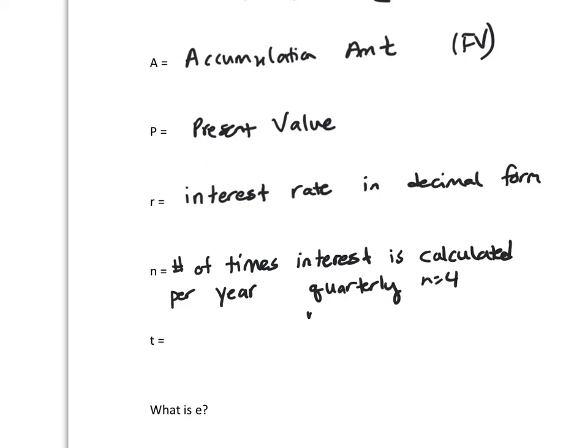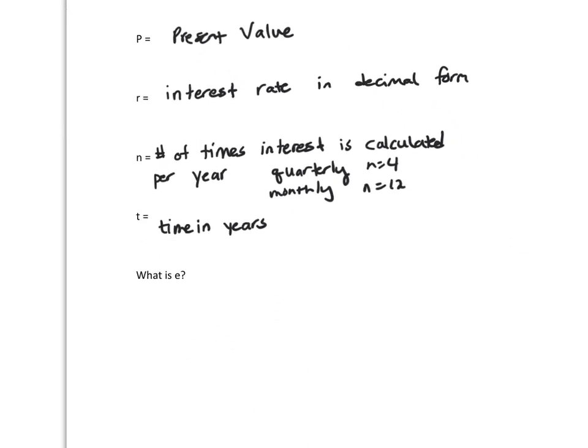If it said monthly, it'd be n equal 12. And t is time in years. So if it was, let's say, for 6 months, you do not want to enter it in terms of months. You want to enter it in terms of years, so you'd put 1/2 or 0.5.